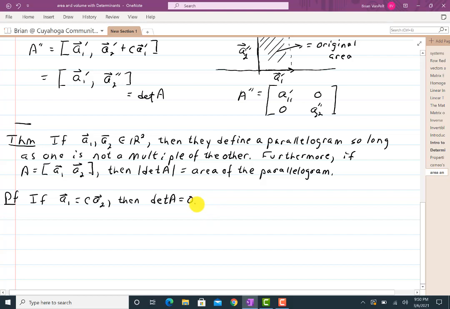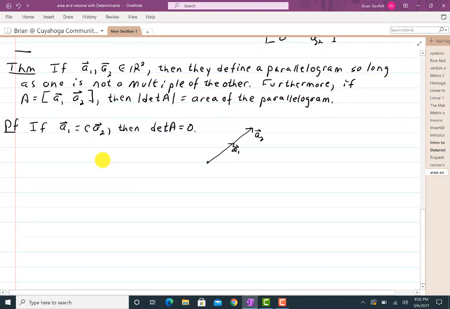So the determinant's equal to 0, but look at the situation then. If we have one as a multiple of the other, then we have something like this. Like A1 would end there, but A2 would end there. If one is simply a multiple of the other, well, then they contain no area, and so the determinant being 0 does equal the area in that case.